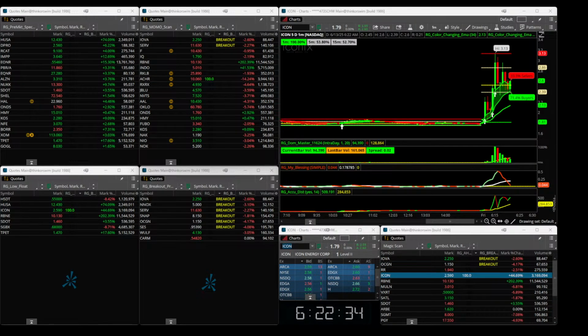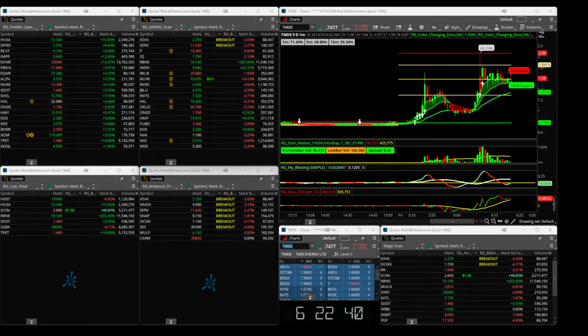I'm not seeing TMDE. That's because it's not doing anything. It's not popped up yet. Checking the volume beside these breakouts, not happening.